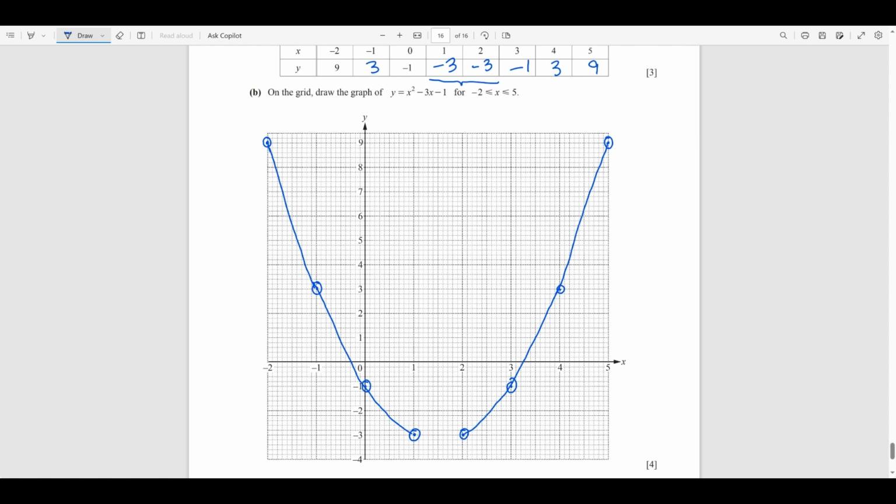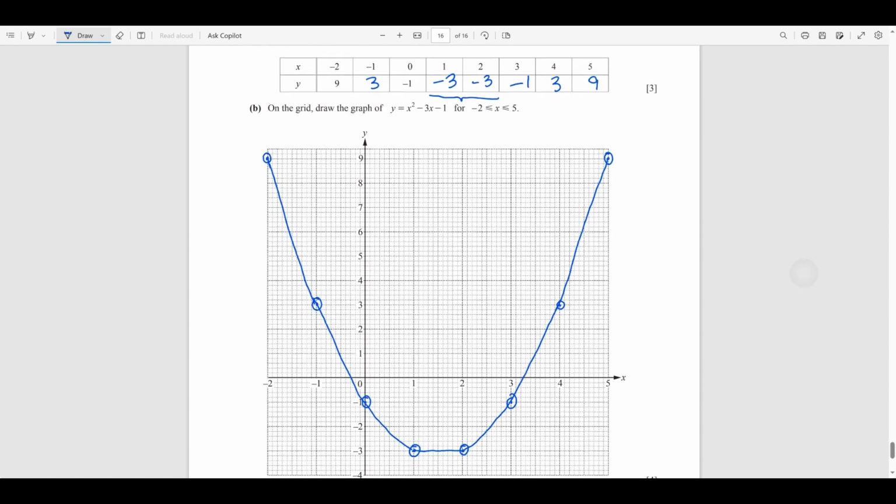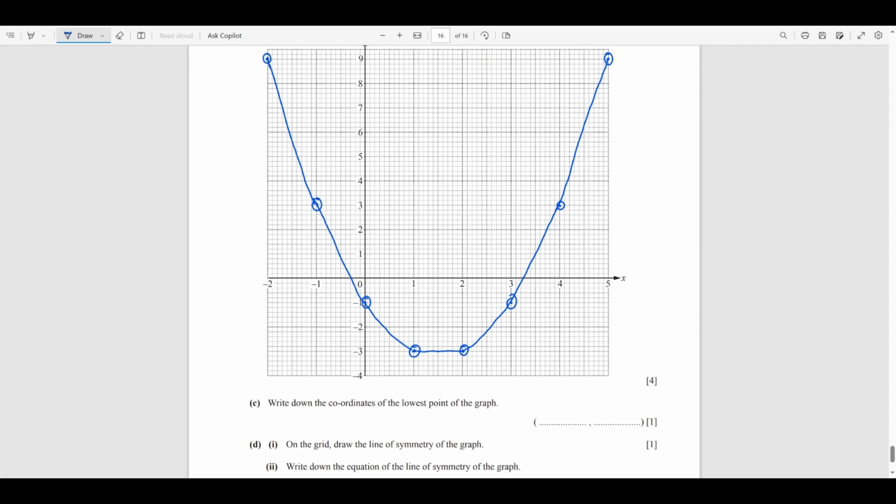Okay, so the reason that I have not connected these last two points is that if I try to connect them, it will go like this, straight, which is not really the case, right? So when you have to draw this curve, we need to see that quadratic curves always have one extreme point that is either a maximum or a minimum.